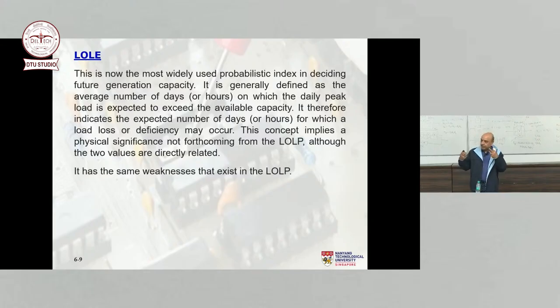So it's a little bit more intuitive, but hours per year, that's the, you may remember, sir, 0.1 days per year. I used that 2 days ago. That is the most benchmarked index for LOLE in North America, North American utilities. 0.1 days per year, 1 day in 10 years.